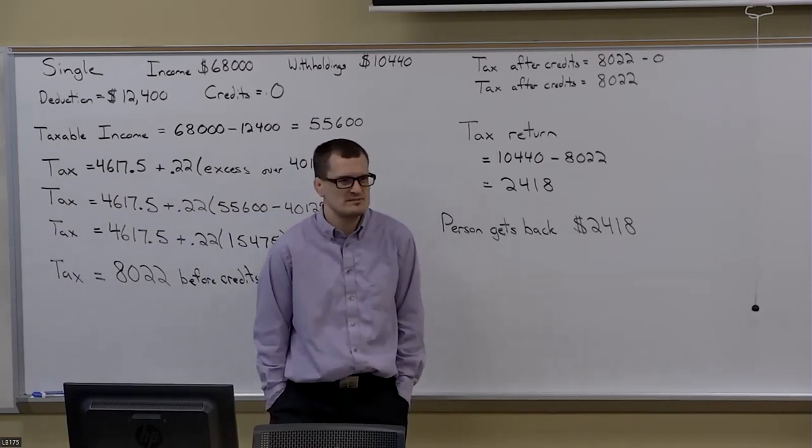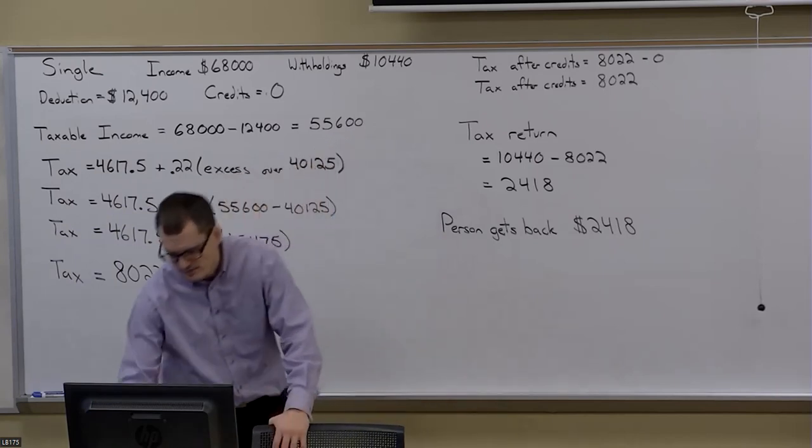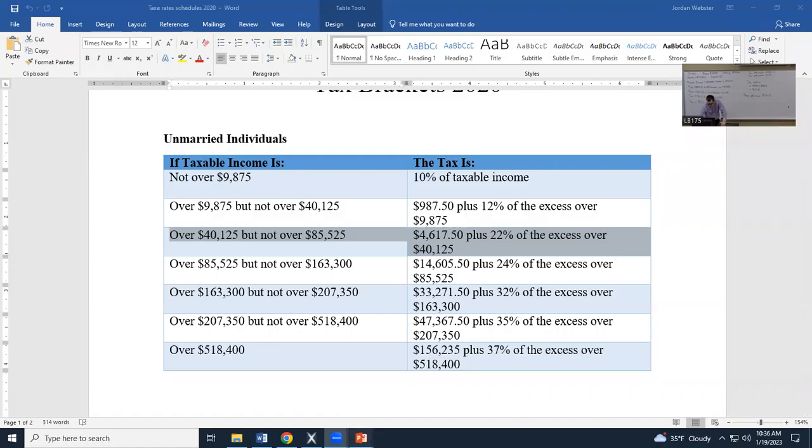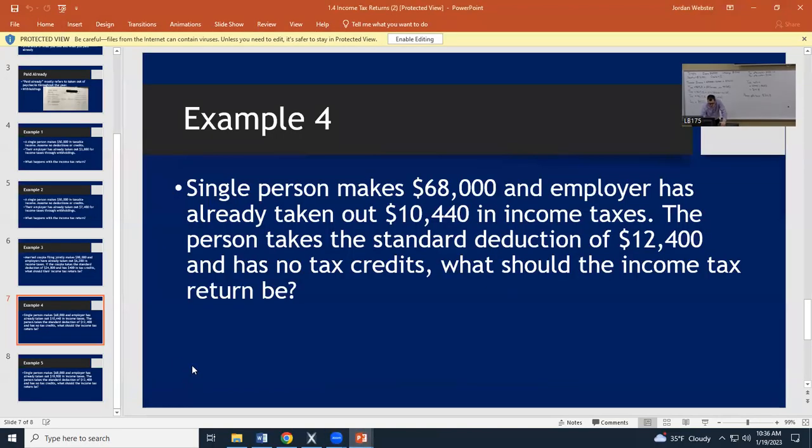Is it okay? Fairly straightforward. Easy, not too bad. People were doing all right with it while I was walking around, so I think what I'll do is skip the last example.